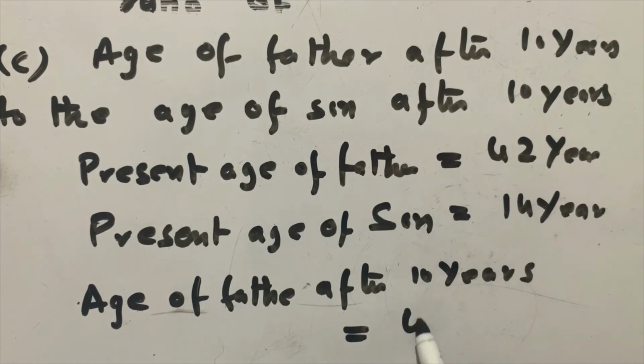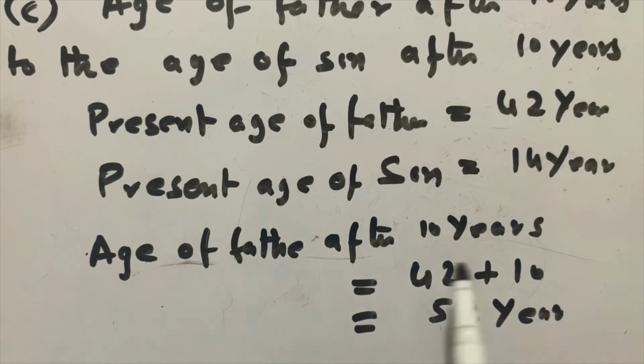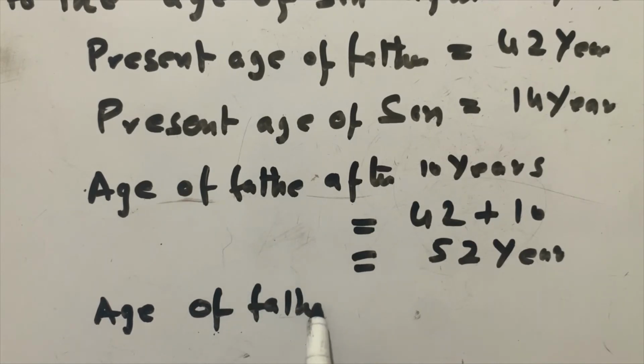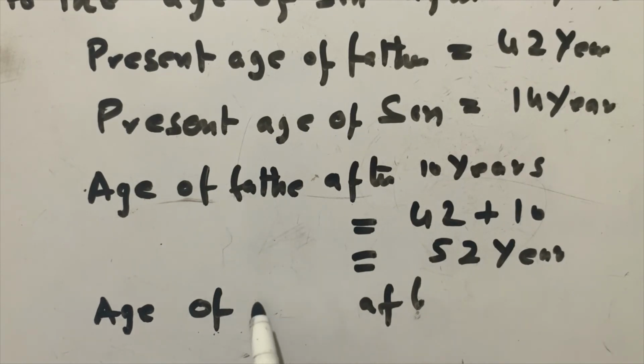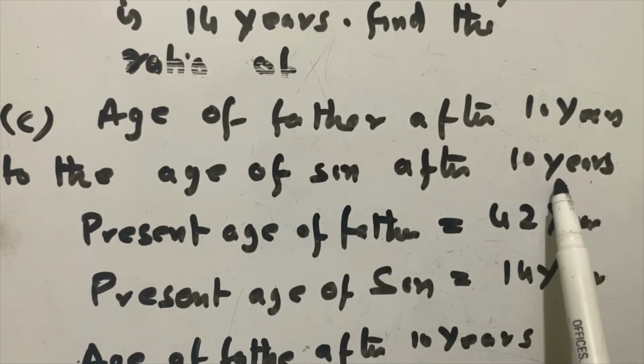Present age 42 years plus, after 10 years we have to add 10. Father's age would be 42 plus 10, 52 years. Age of father after 10 years would be 52 years. Now age of the son after 10 years.